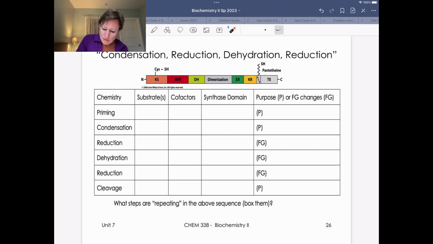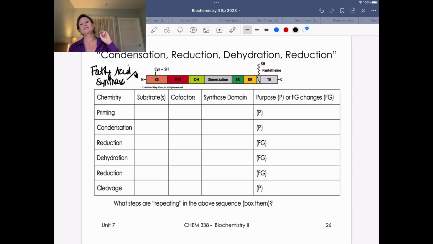Okay, so that enzyme is fatty acid synthase. We're going to see it as a dimer, so two of these are going to come together. We're not going to talk about rate controlling steps of fatty acid synthase, because the rate controlling step for fatty acid synthesis, remember, is acetyl-CoA carboxylase, ACC chemistry.